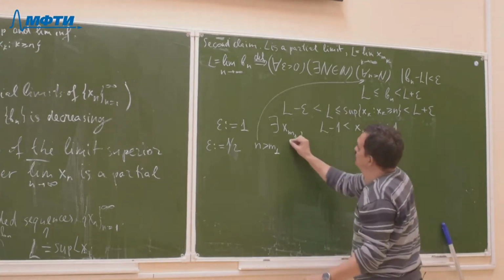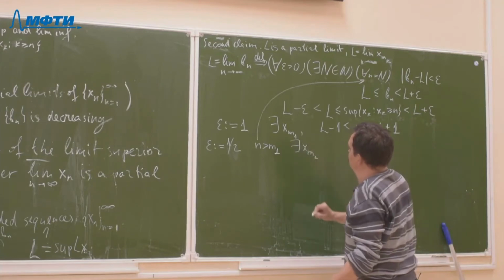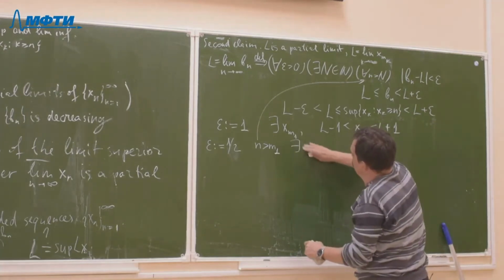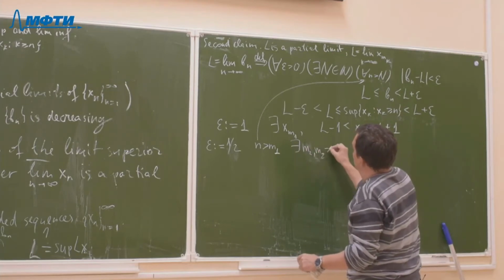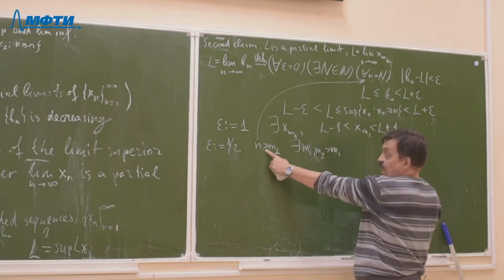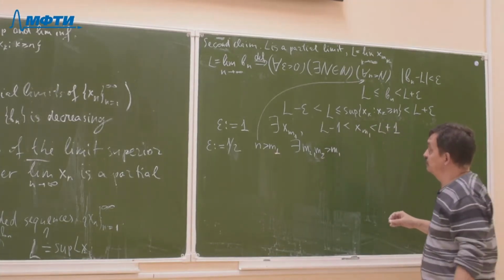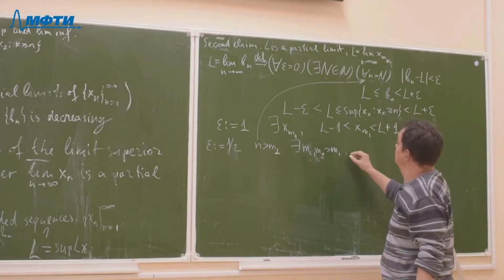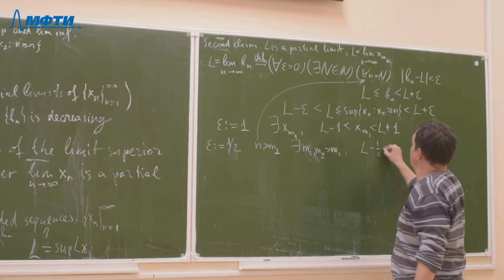So there exists x_{m_2}, with m_2 greater than m_1. Why is it greater than m_1? Because I choose n greater than m_1, such that the same inequality holds now with 1/2.